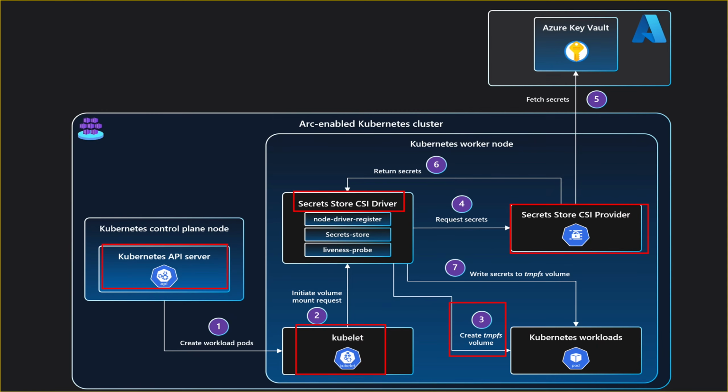Since the Key Vault extension has our Key Vault configured, we can now download the Key Vault secrets, return them to the driver, and the driver attaches them to our pods. This can be as secret, as volume, or as environment variable, whatever we need or want.